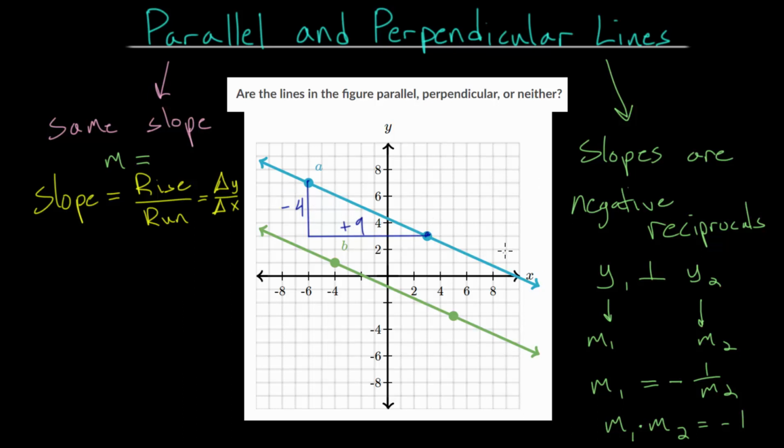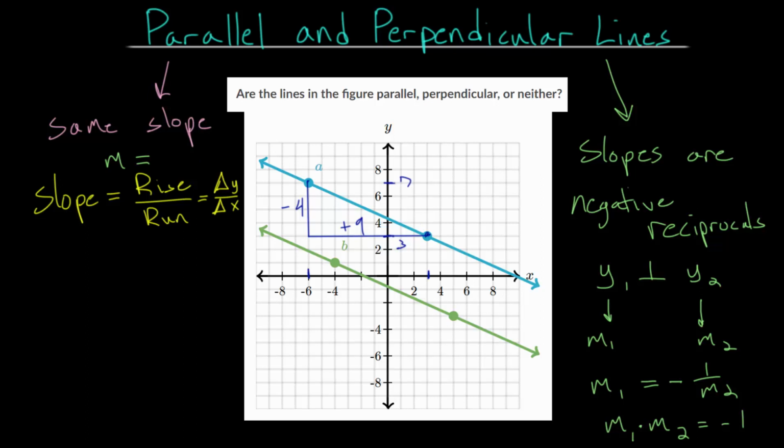And if you don't want to count these out, you can also just find the difference in the x values. Notice it goes from -6 to 3, so we can take 3 and subtract -6, or really it's just 3 plus 6, which is 9. You could do the same for the y values, taking 3 minus 7, since we're starting at 7 and ending at 3, which gives us a rise of -4.